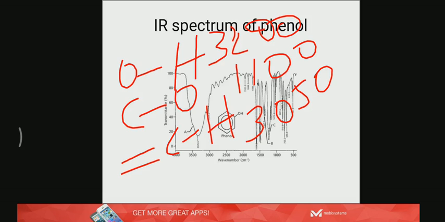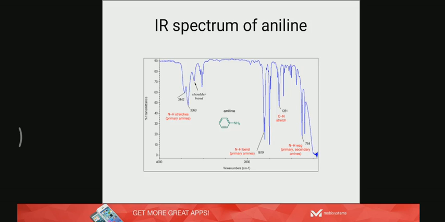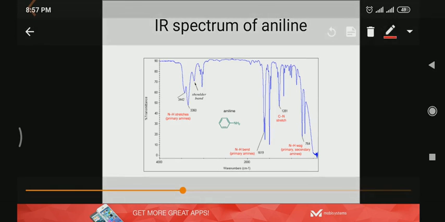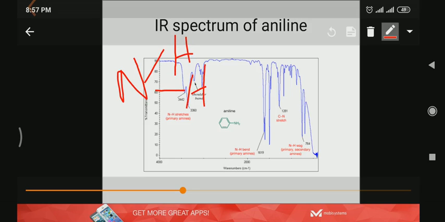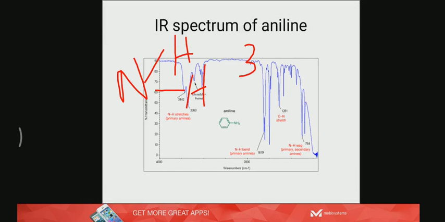Okay, now next we have amines, we have aniline. Here the most characterizing IR peak is that of the amino group, that is NH2. So the NH stretching frequency comes around again, just like alcohol, around 3400.